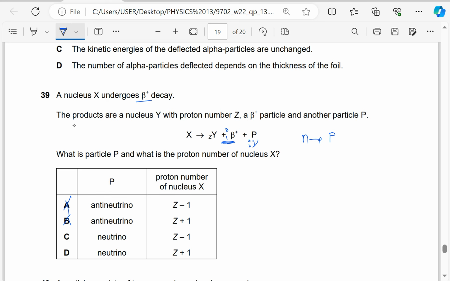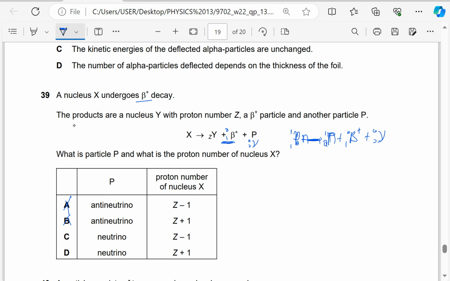So a neutron N10 has changed into a proton. This is how we get a proton P11 changing into a neutron N10 plus beta plus, which is 0, 1, then plus a neutrino.